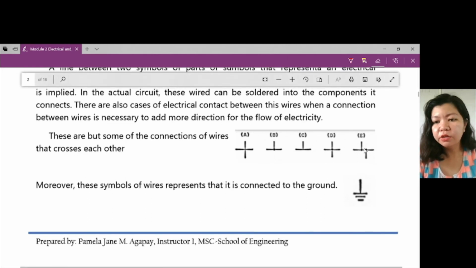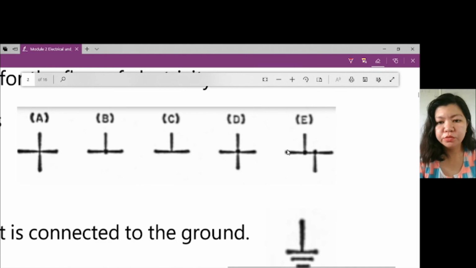Kung makikita ninyo, zoom in ko para makita ninyo that there's a difference between these two. This one, may dot siya. Anong ibig sabihin nito? This one necessarily means that they are connected, but they can cross each other in a way na hindi ibig sabihin magkakonekta sila.